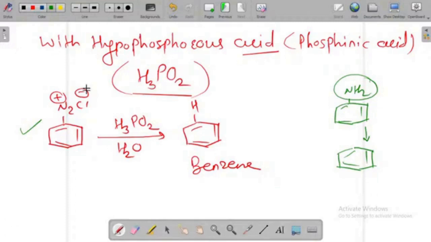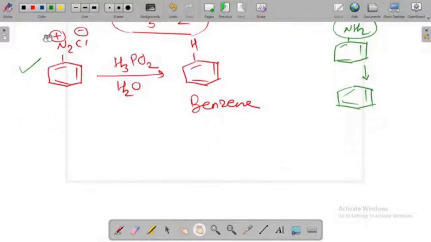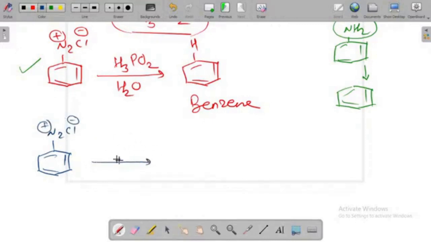There is another reaction for this; you can use a different reagent also. So this is the benzene diazonium chloride, N2 plus Cl minus. On reaction with ethanol, C2H5OH, that also produces benzene. Just a proton donor is required.